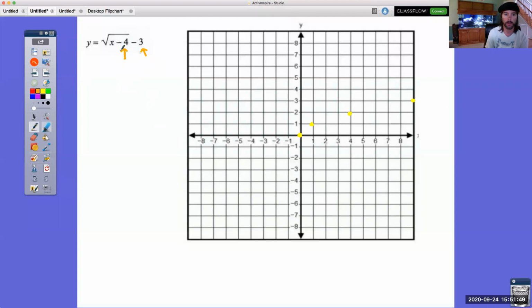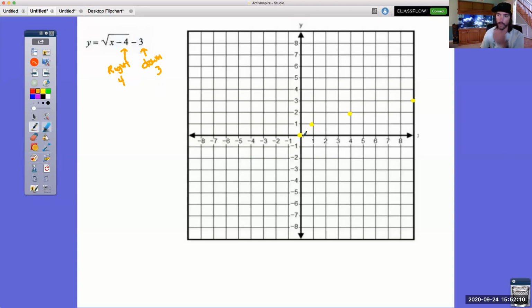Inside the radical, to the right of the x, a negative 4 goes to the right 4. Opposite of the sign. 3 on the outside of the radical, after the radical, goes down. Move all those points to the right 4, down 3.